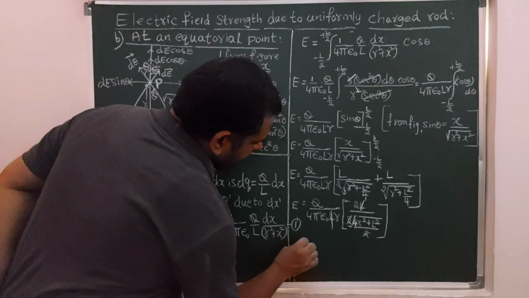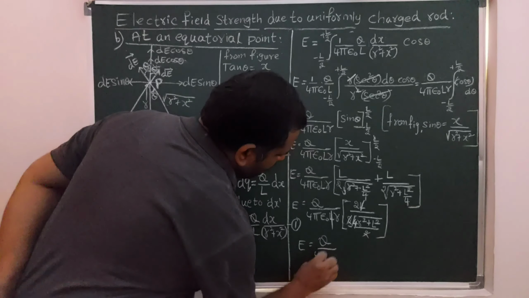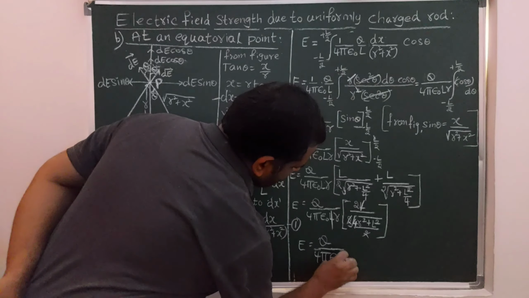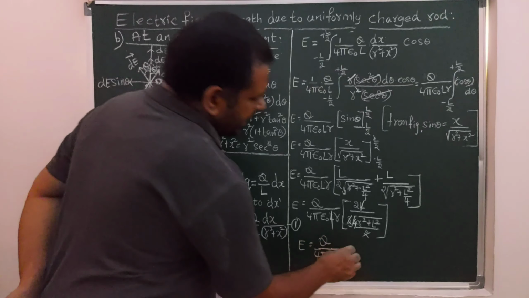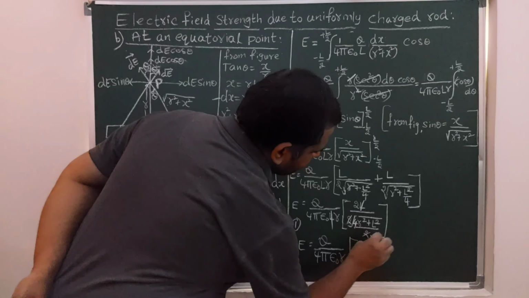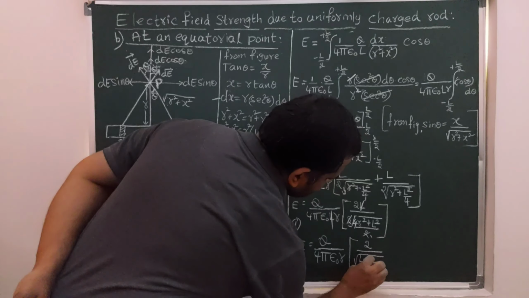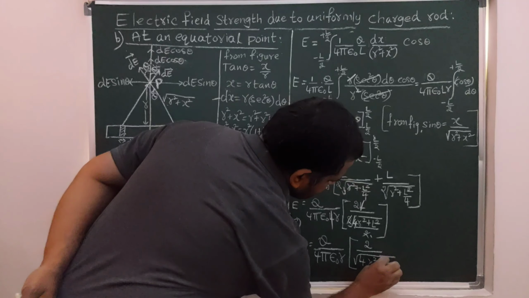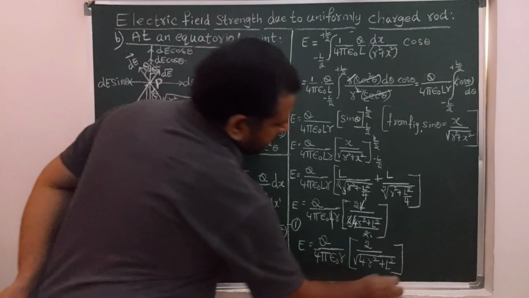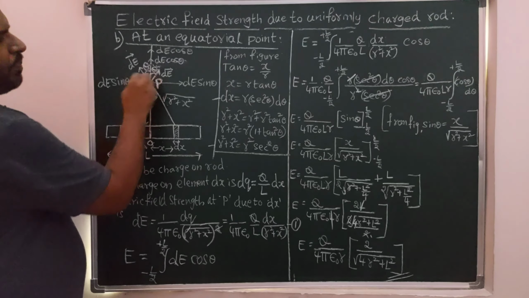Now the remaining is E is equal to Q by 4 pi epsilon naught into R, and in brackets, 2 divided by under root 4 small r square plus capital L square. This is the electric field intensity due to this charged rod at point P.